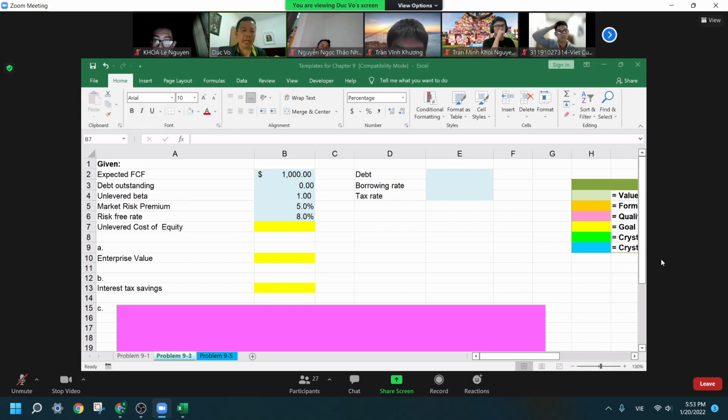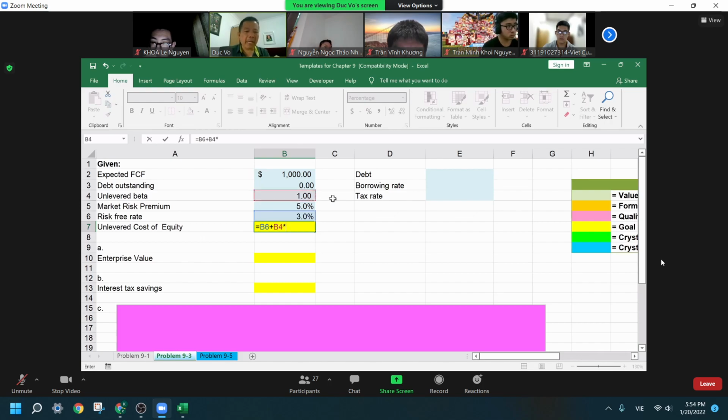So can you please correct the information provided from the book? In my view, the risk-free rate should only be 3%. So that your cost of equity will be risk-free rate plus beta times MRP, which is now 8%. Okay, can you please correct?